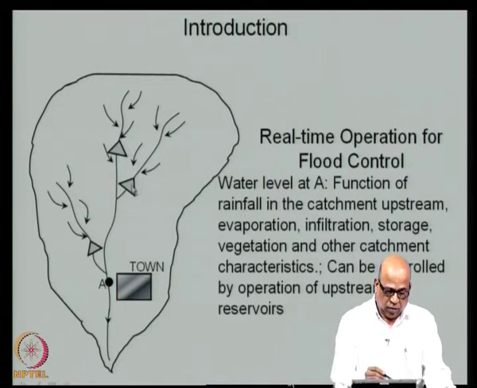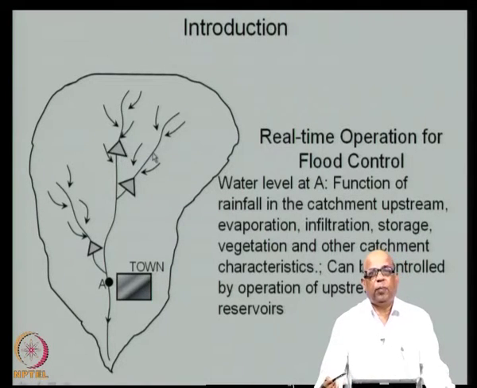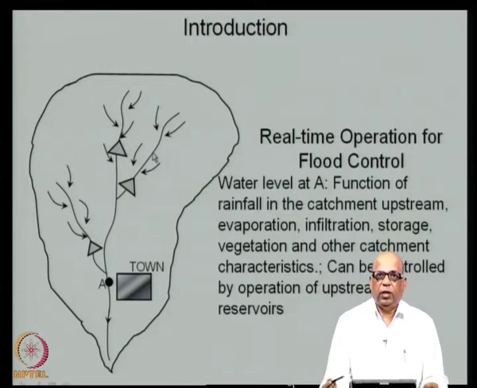So, we look at these reservoirs. Let us say that we want to plan for some reservoirs such that we can hold back the water at these locations and minimize the flood flow here.